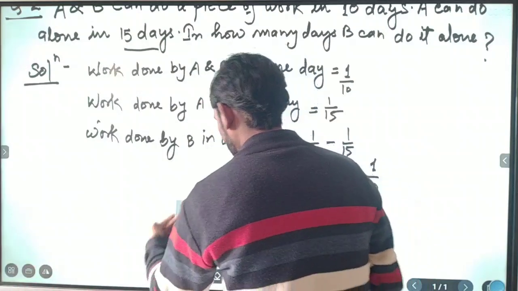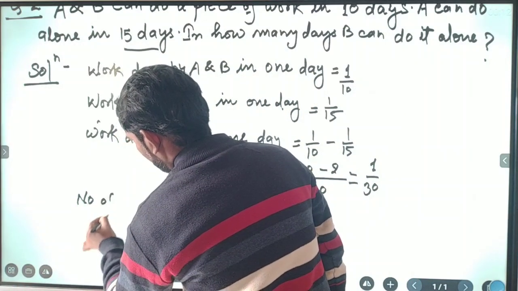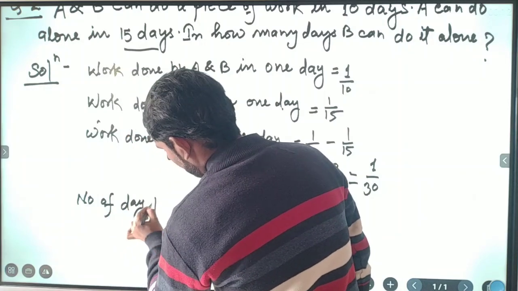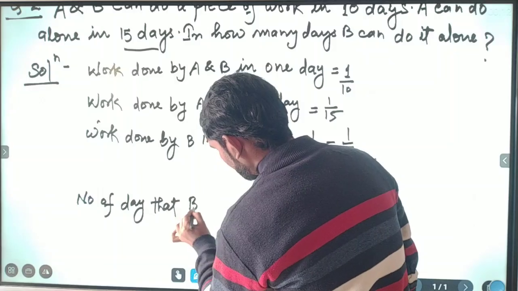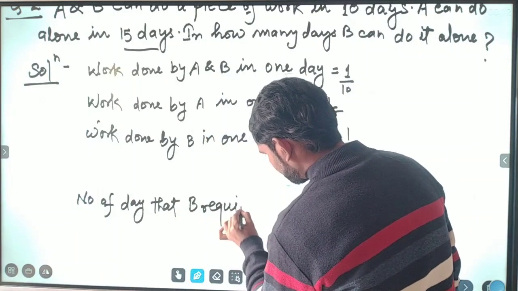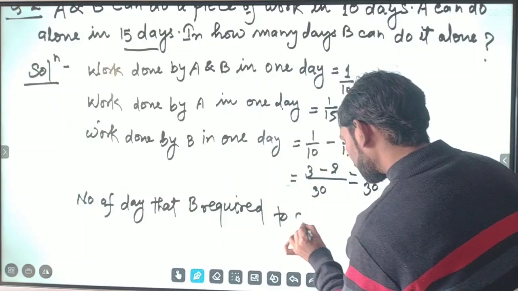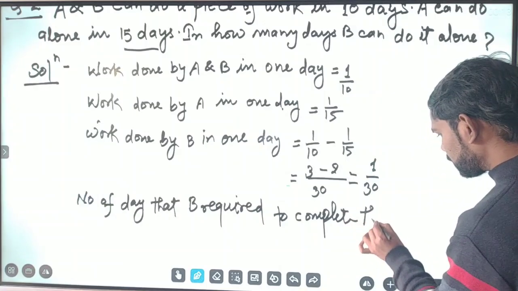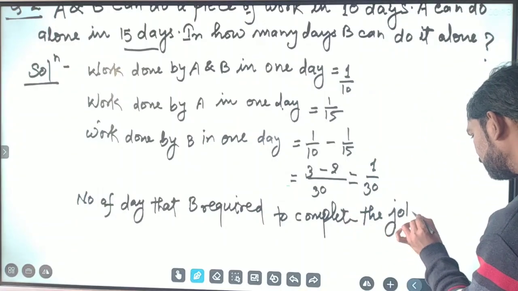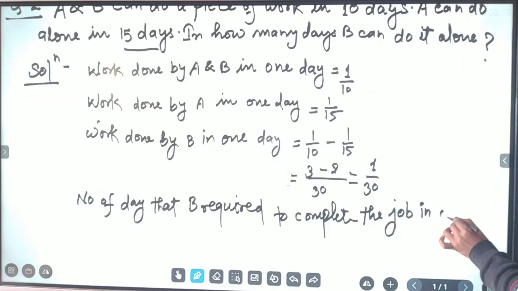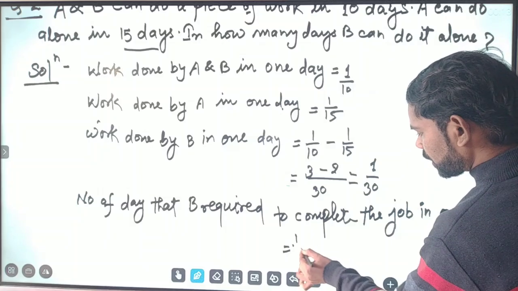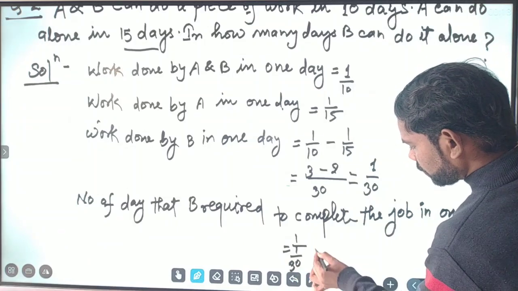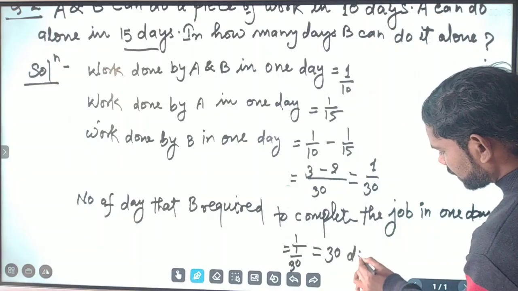So the number of days that B requires to complete the job is equal to the reciprocal of 1 upon 30, which is 30 days.